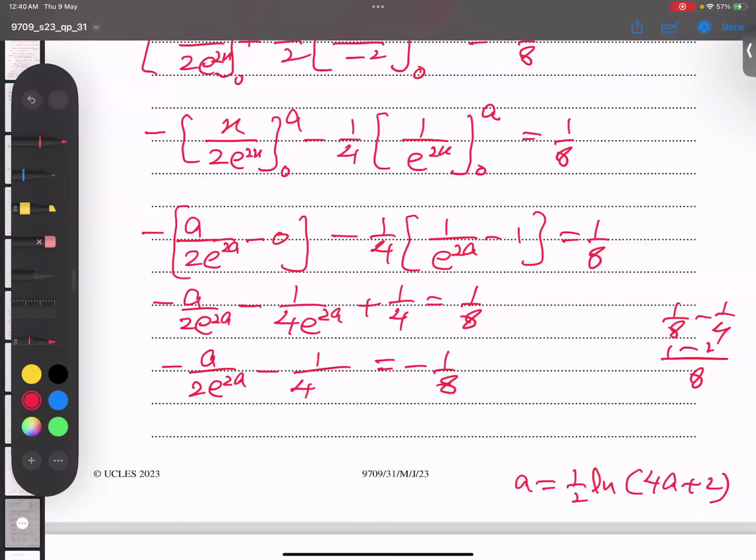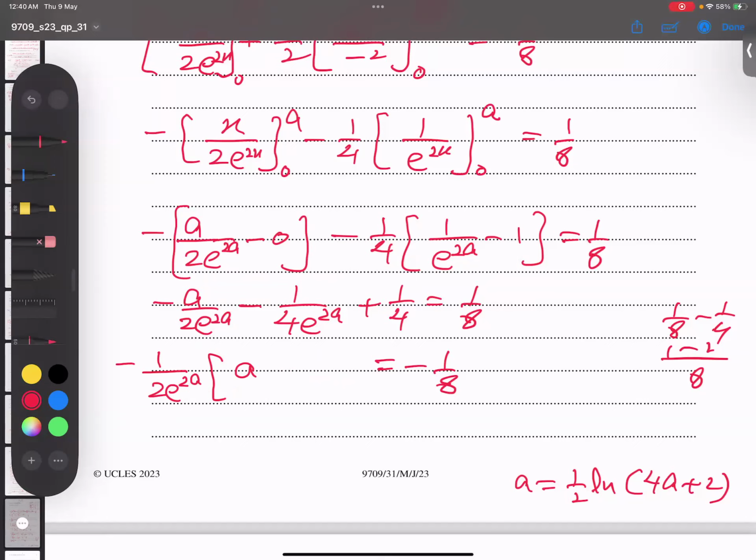On the left-hand side, students, I think I can go for LCM, or first take the common part. I can surely take it common, 1 over, or even negative 2 e to power 2a. Okay, and here what do I get finally, students?